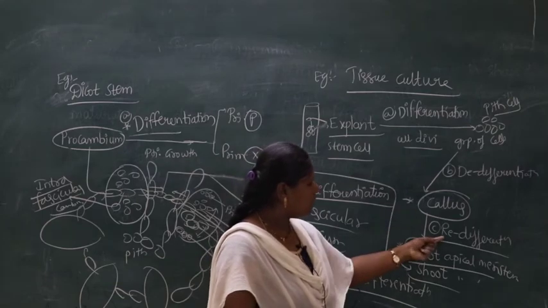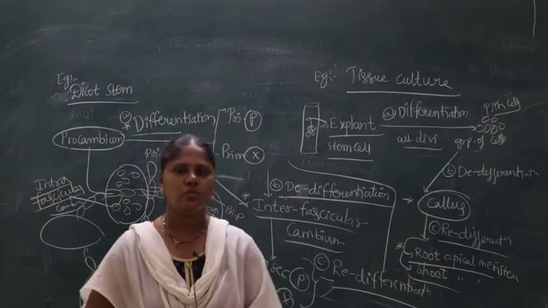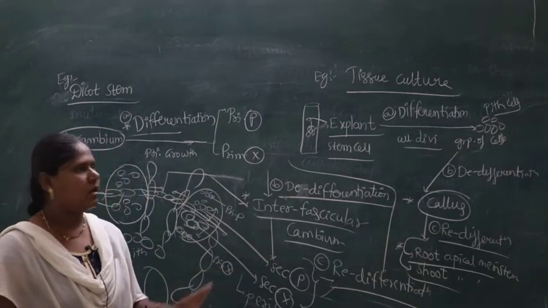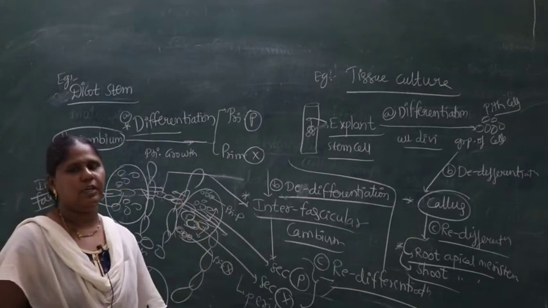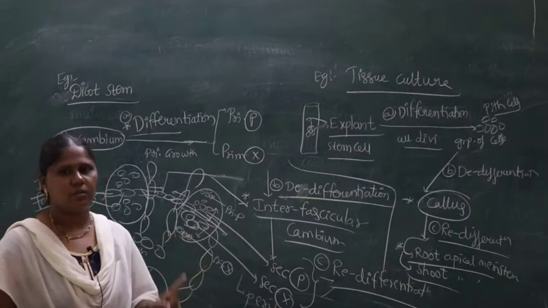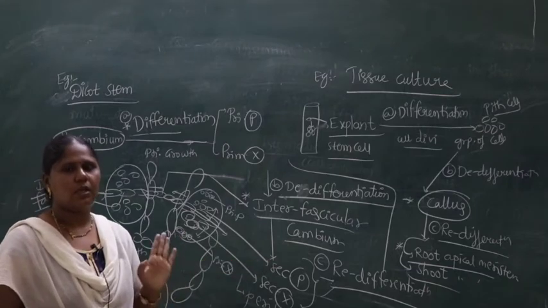And then it undergoes redifferentiation, forms root and shoot, that is root apical meristem and shoot apical meristem. These are the good examples for all three processes: differentiation, de-differentiation and redifferentiation. All three are very, very important. Examples you practice on paper. Remember these two examples with three processes thoroughly.